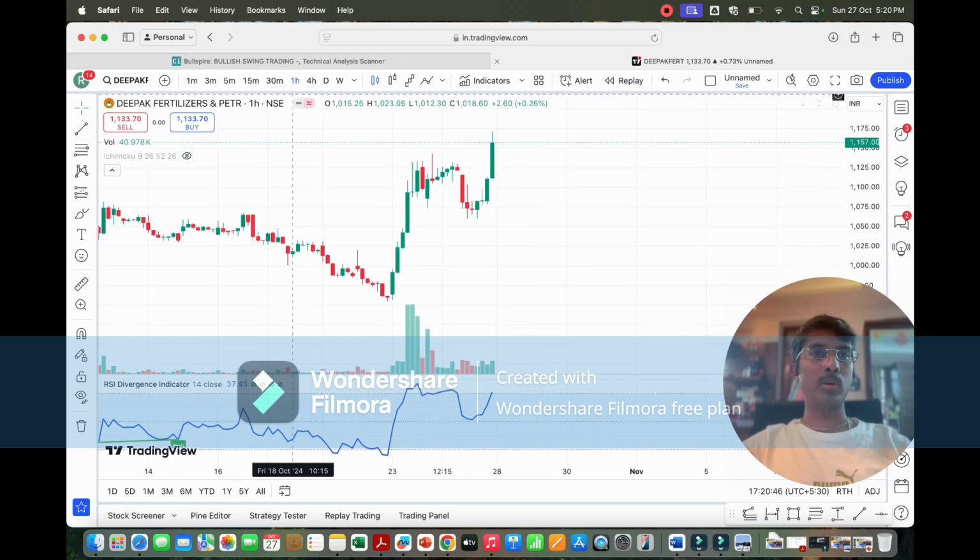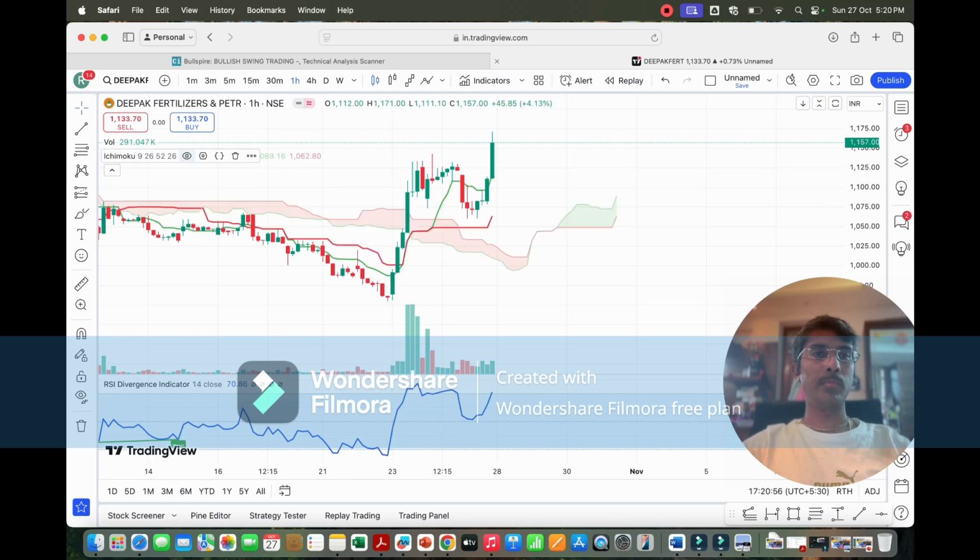So I'm in the 1 hour time frame. You can see the time frame. In the 1 hour time frame, now it's a bullish signal. I will switch on the Ichimoku. In Ichimoku, see here, the TS line and KS line both have broken out.